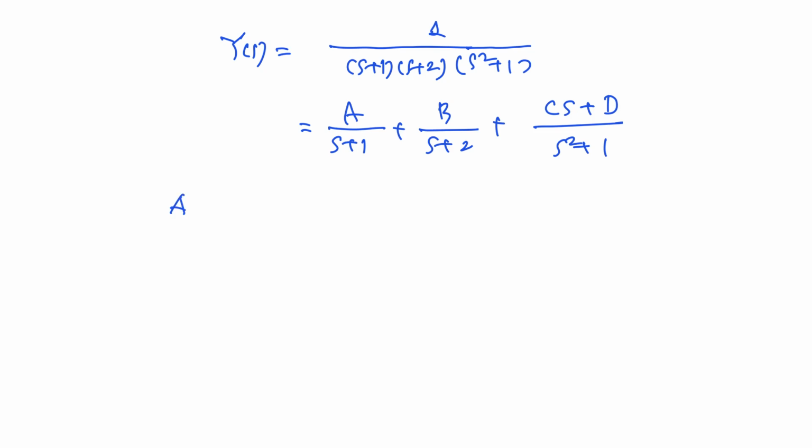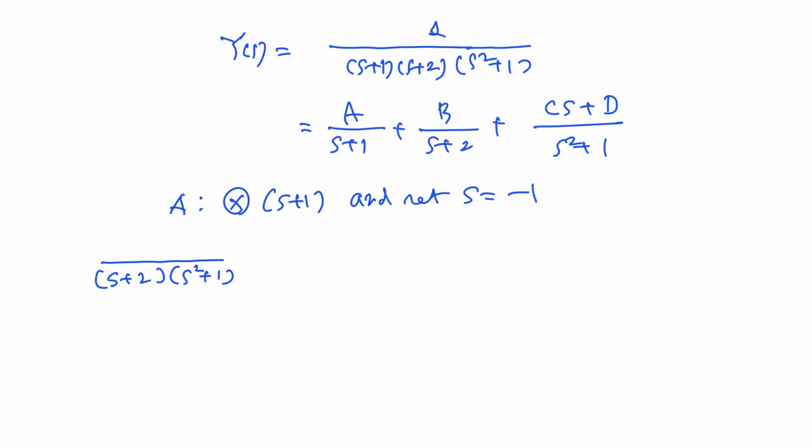So A, what do we do? You multiply by s plus 1 and set s equal to minus 1, right? As before. So 1 over (s plus 2)(s squared plus 1) at s equal to minus 1 is 1 over (1 times 2), which is actually A, right? So A is 1 over 2.